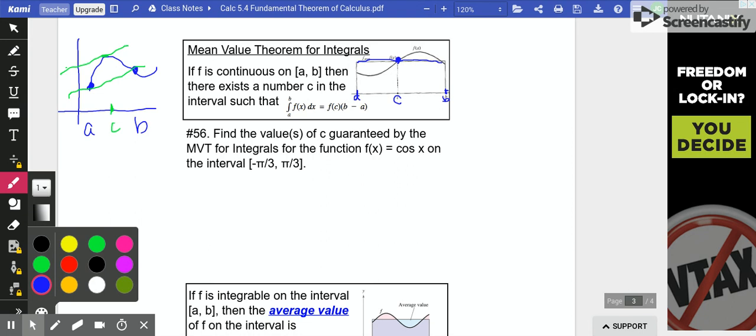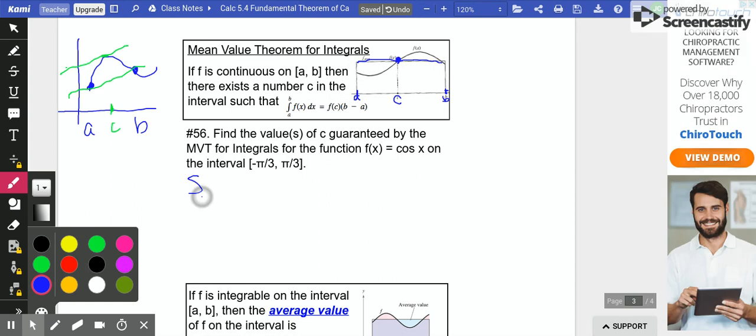We want to find the value of c guaranteed by the mean value theorem for this function, cosine x, on the interval negative pi over 3 to pi over 3. So we are looking for the integral from a to b, so from negative pi over 3 to pi over 3, of our function f of x, which is cosine x.